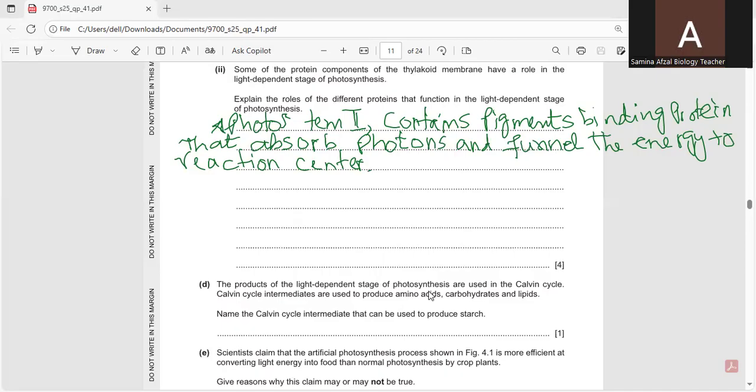Then you can see there is cytochrome. The second one, the cytochrome complex, contains a key component of the electron transport chain. Its function is that it accepts electrons from a mobile carrier and passes them to another mobile carrier.